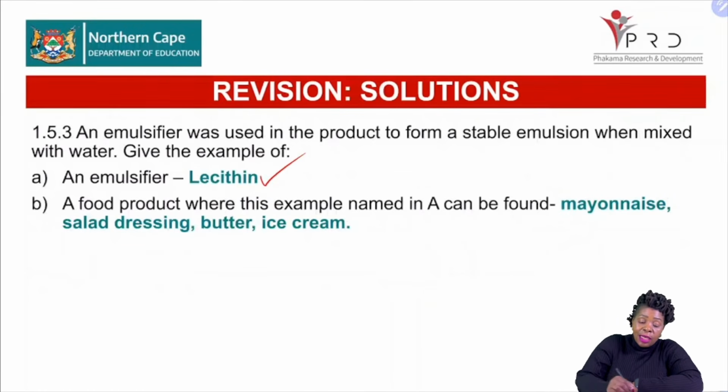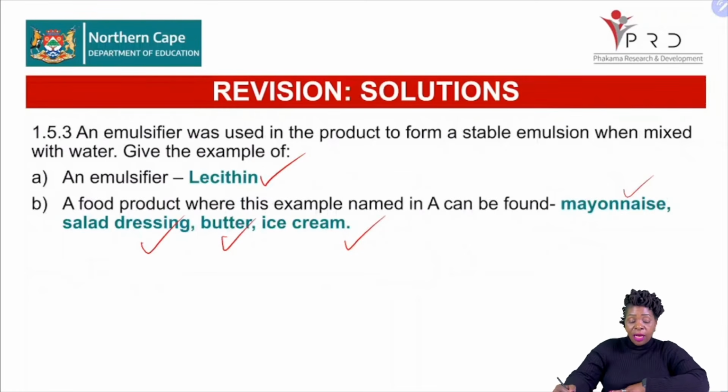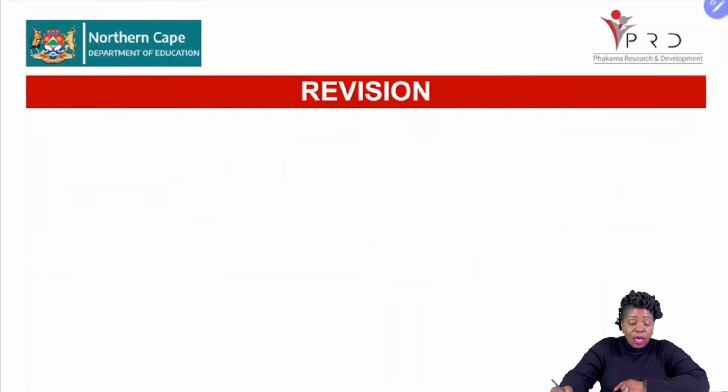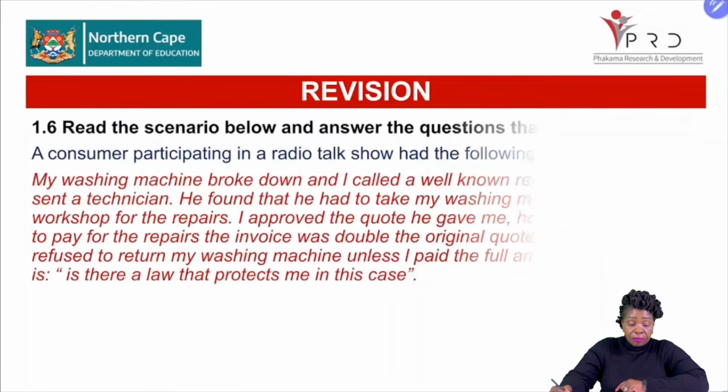So we are saying, where can we use lecithin, or where do we use an emulsifier? We find emulsifiers in mayonnaise, we find them in salad dressings, we find them in butter and ice cream. So an emulsifier forms an emulsion, that is, it helps to mix oil and water. Right, let's go on to our next question.